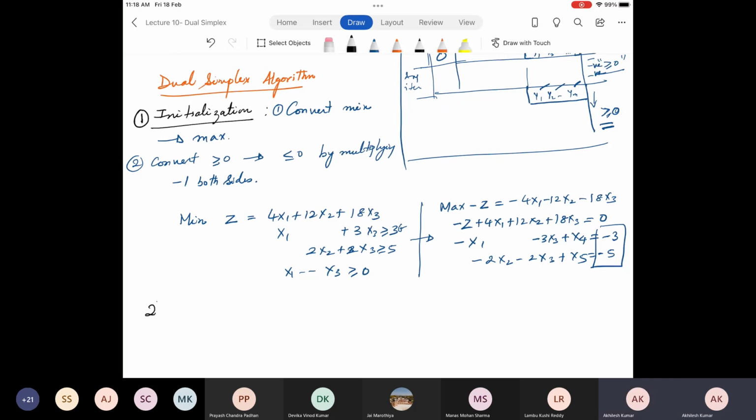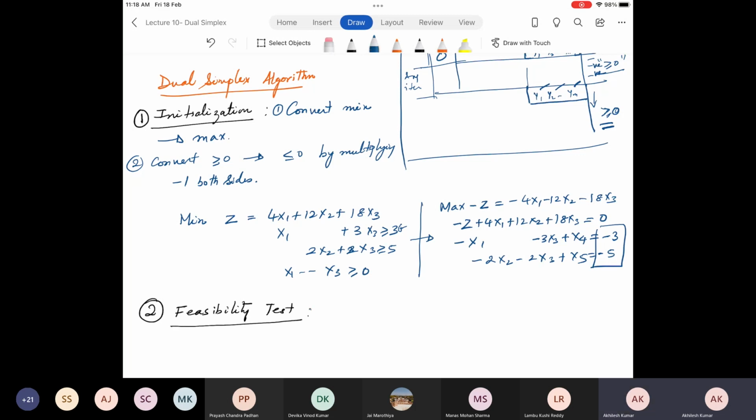So the first step is initialization. What is the second step in the primal simplex algorithm? Once we initialize, what do we check? Optimality. Correspondingly, the optimality test here changes to a feasibility test.